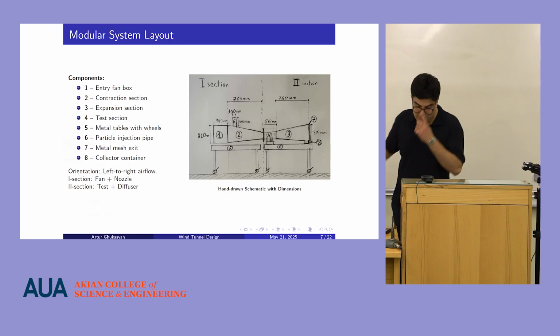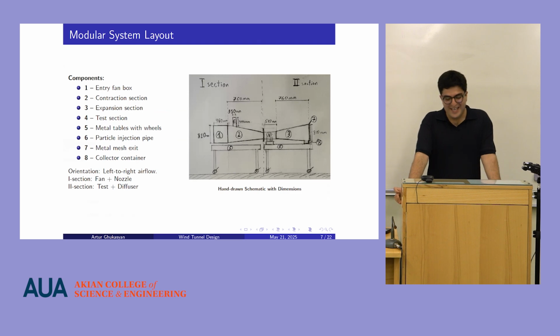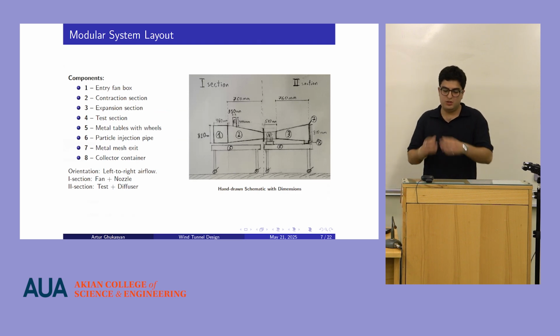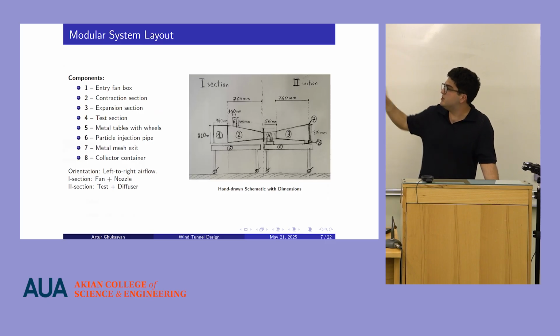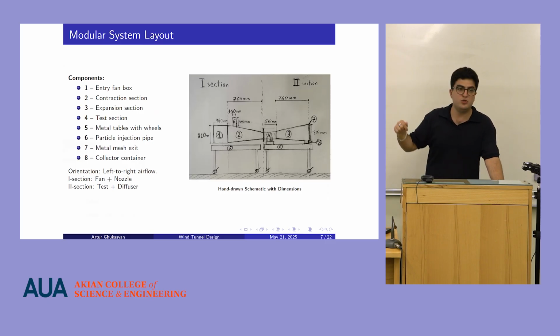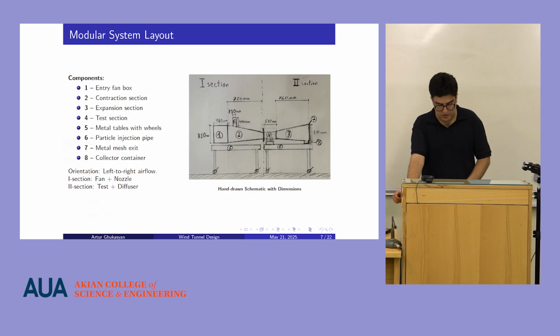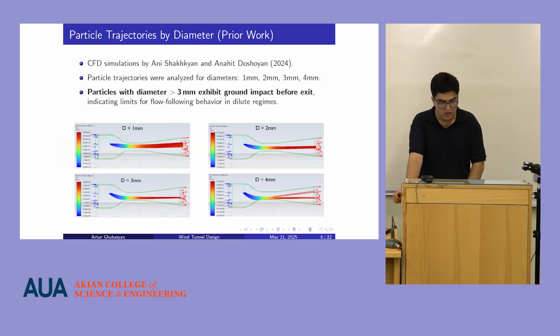The contraction section just builds up pressure to organize uniform flow inside the test section, and that's where our force sensor is located. And at point 6, you can see the injection tube, from where the particles will be injected. This was the initial concept. A lot of modifications have been made to this.